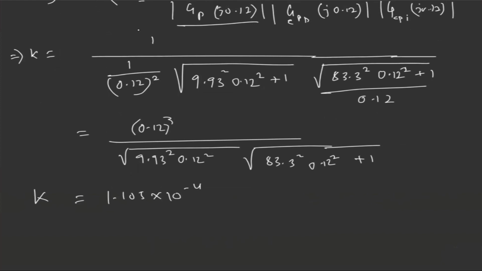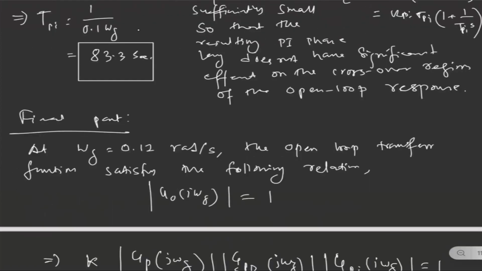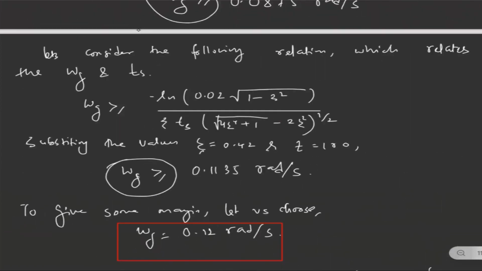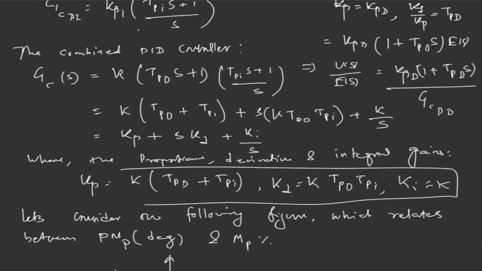And substituting this K in the expressions for the proportional, integral and derivative gains that we have already found, with K, T_PI and T_PD, we can find all the controller gains.